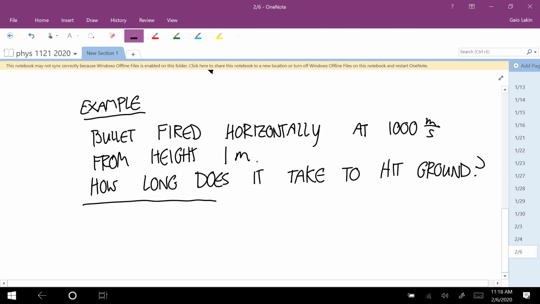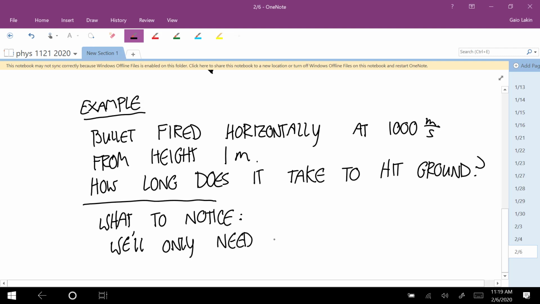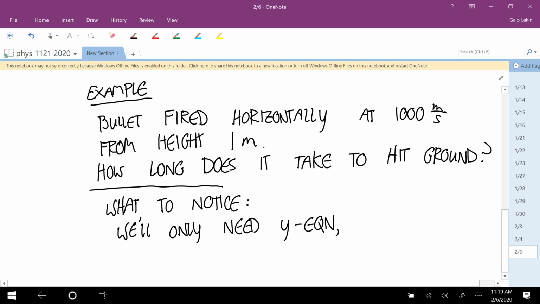Okay, so what I want you to notice here is that what matters for how long this takes to hit the ground is a y equation for a constant acceleration. And so that means that only y components of things matter.